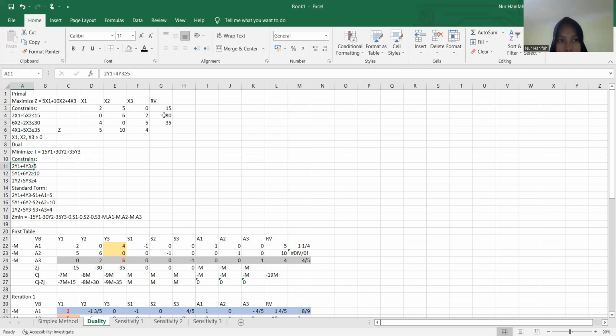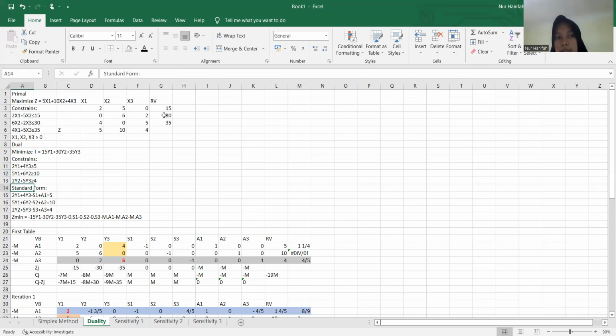For the other columns, we do the same, and then we get the new constraints, and also the sign is opposite to the primal form. In the primal form we have less than or equal, and in the dual form we have greater than or equal.